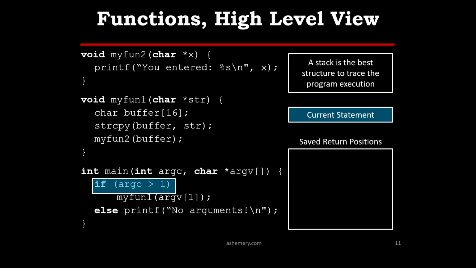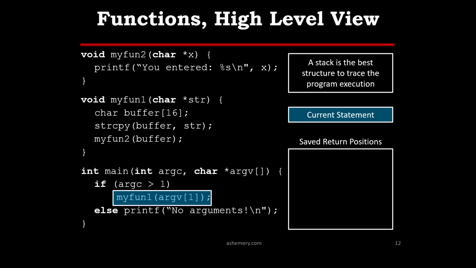If it's more than 1, then the execution is going to go to myfun1, and we are going to pass the second argument to myfun1. Why the second? Because the first one, argv0, is actually the name of the program. So argv1 is actually the first parameter to be passed.